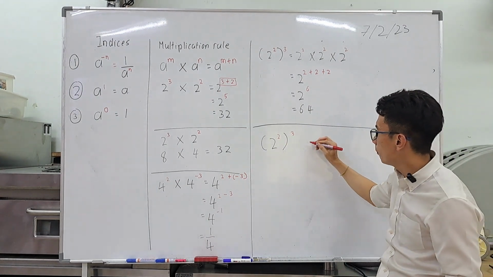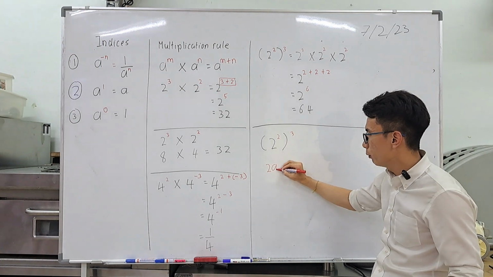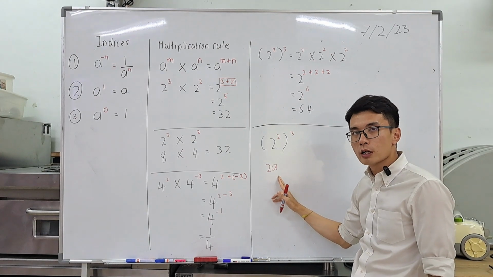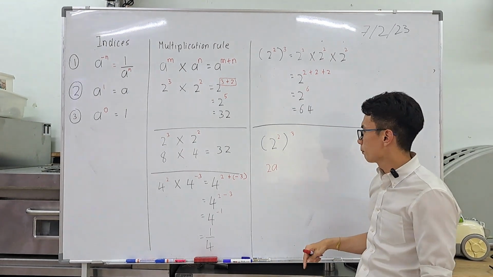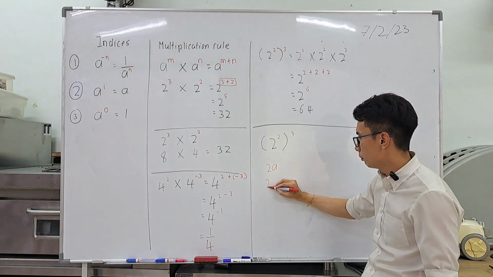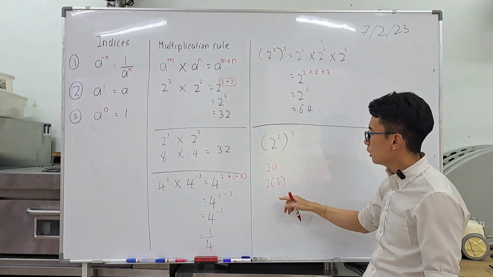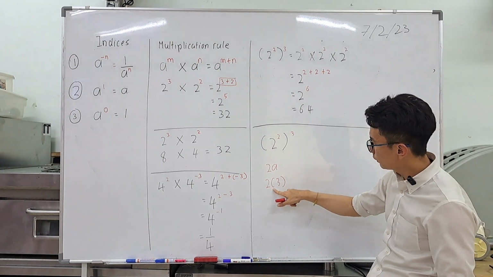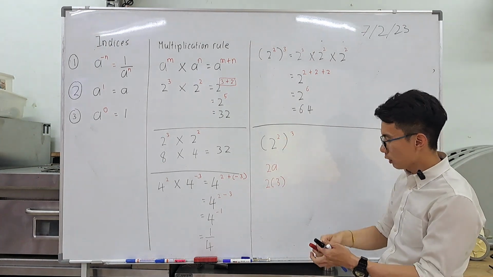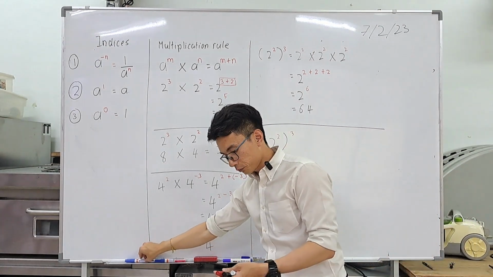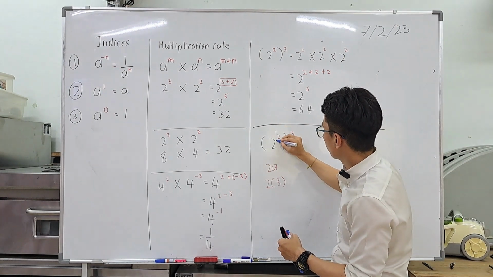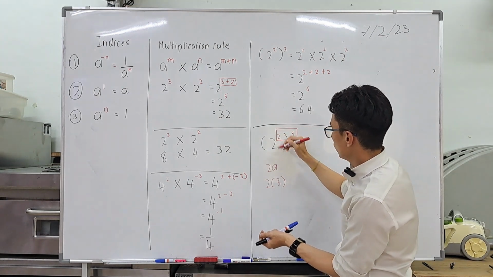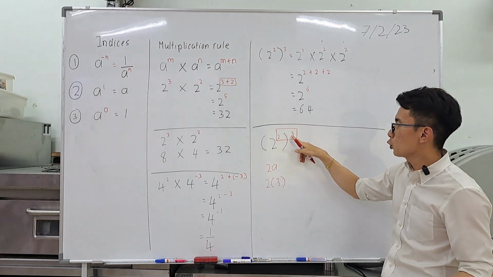I like to say it like this. If I have a number and an alphabet stuck together, usually this means a multiplication operation. Very similarly, if I have a number next to a bracket, it also means multiplication. So we can use this understanding here. This 2 is inside the bracket, this 3 is outside the bracket.